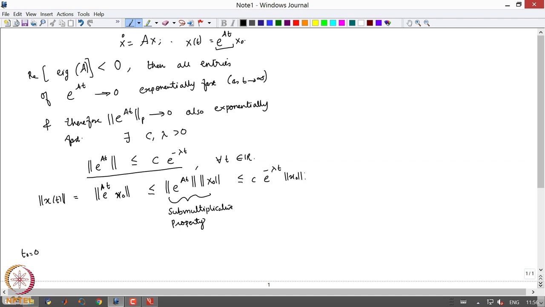Okay. So, what does this mean? Now check what happens to x of t as t goes to infinity. First thing I can obviously say is that this converges to 0 as t goes to infinity, again assuming that all the eigenvalues of A have strictly negative real parts, which means e power At converges exponentially fast.